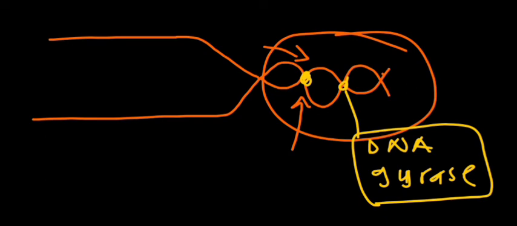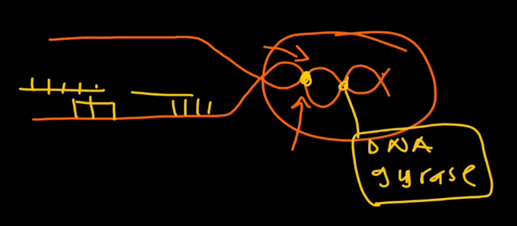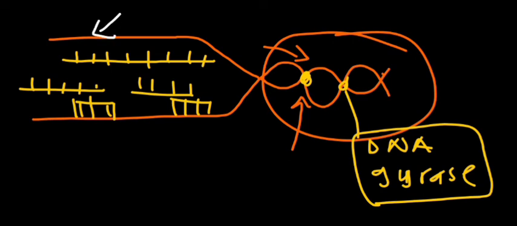We said that here we've got Okazaki fragments, short sequences. This is the primer, and this is another primer, which is a short sequence of RNA. Then on this side you've got a continuous strand. The strand which produces a continuous strand is called the leading strand.